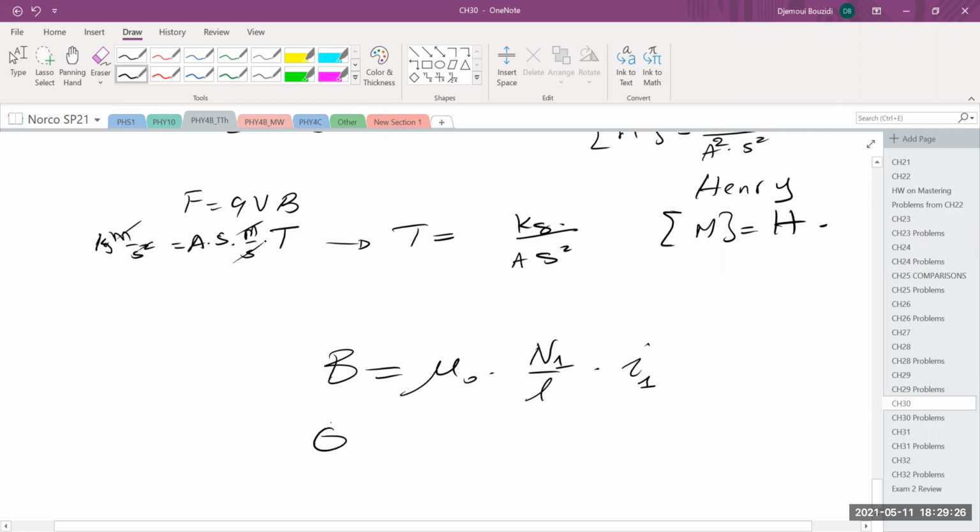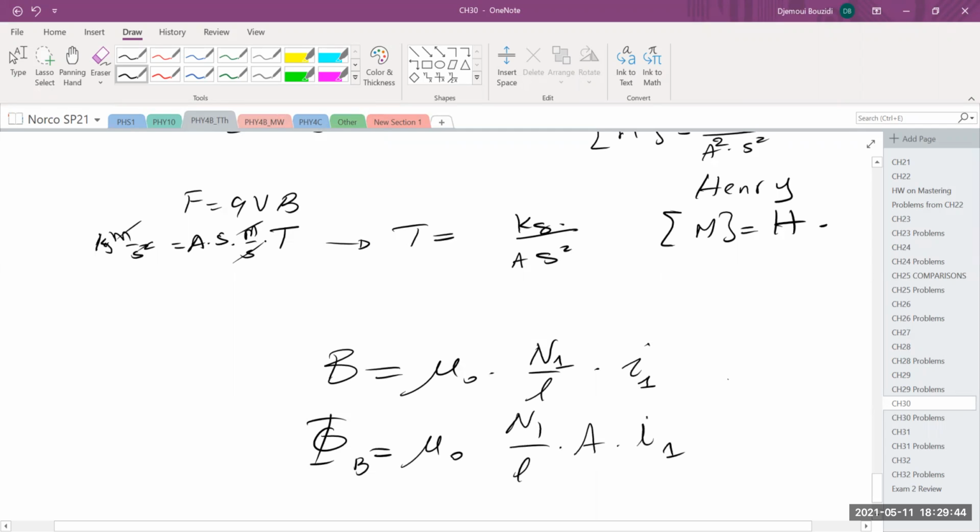Now, the flux phi B, this is the connecting flux that goes around through each and every one of those turns, is going to be mu naught times N1 divided by L times the area times I1.